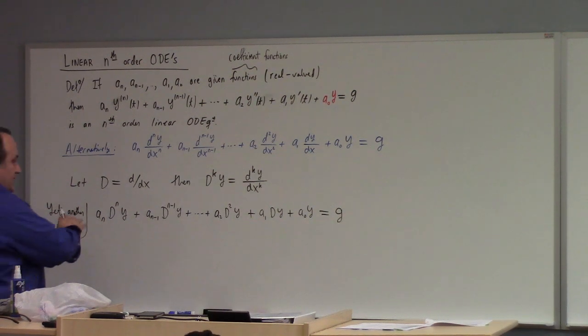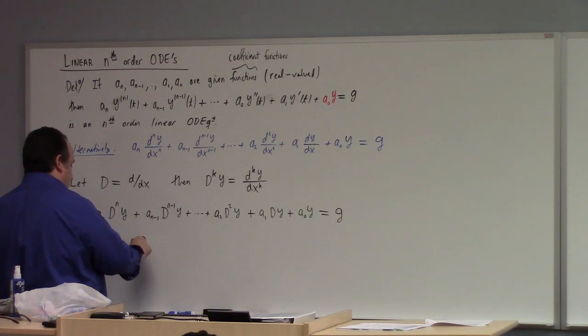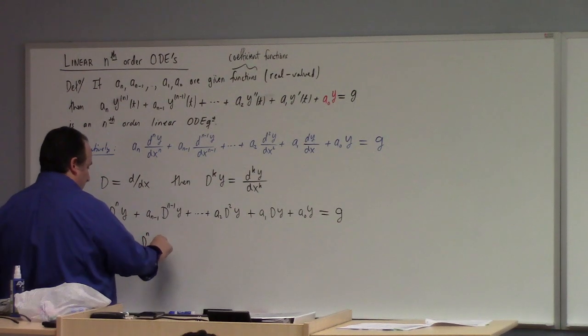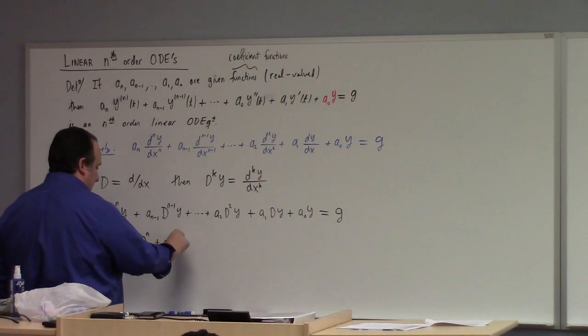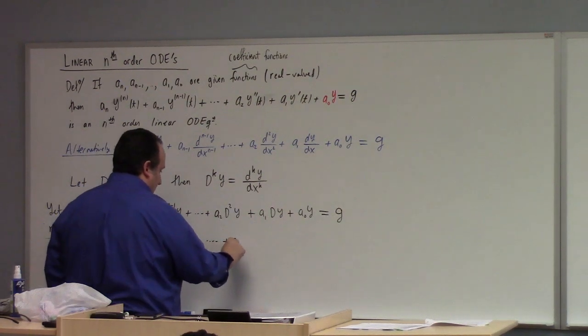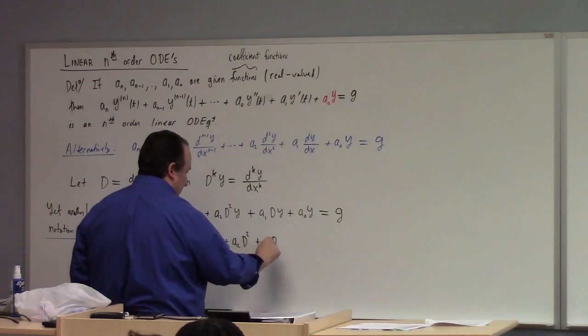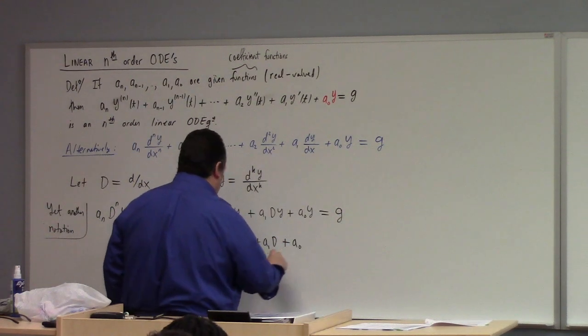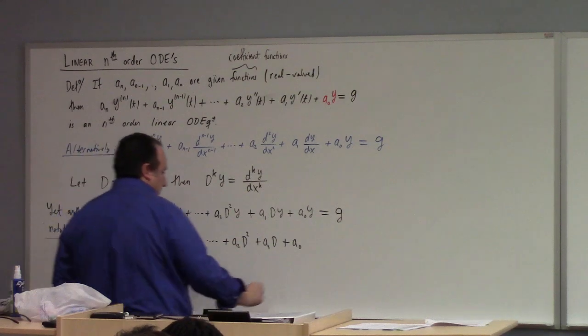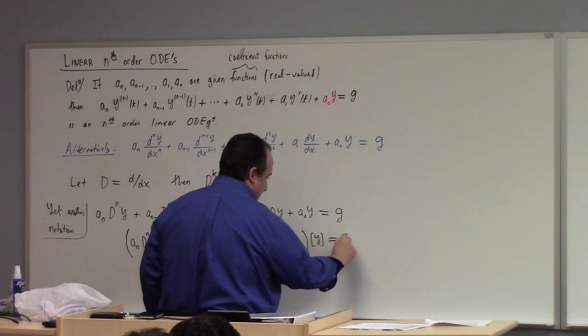We can actually look at this all together as one single operator, a_n D^n plus a_{n-1} D^{n-1} plus dot dot dot plus a_2 D^2 plus a_1 D plus a sub naught, all of that acting on the function y gives me back the function g.